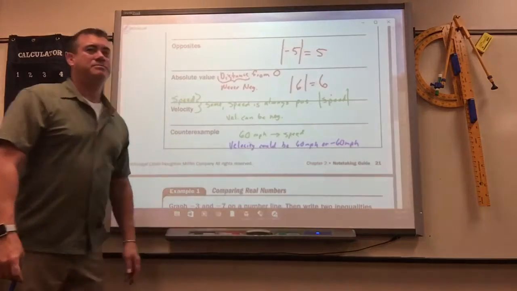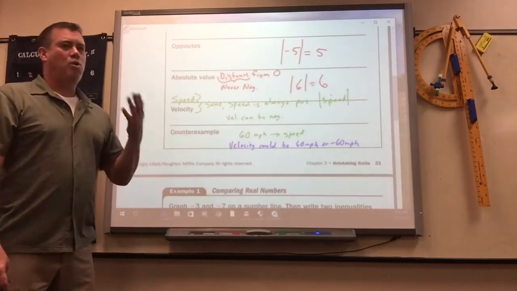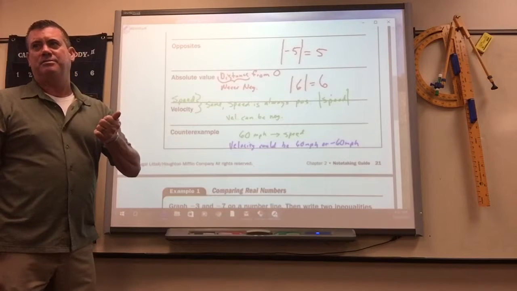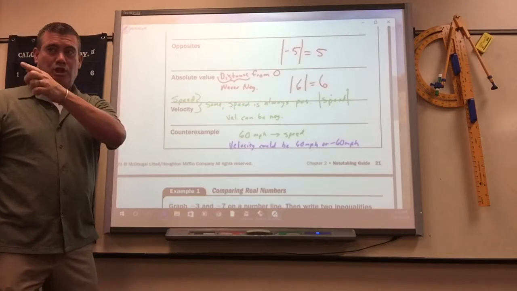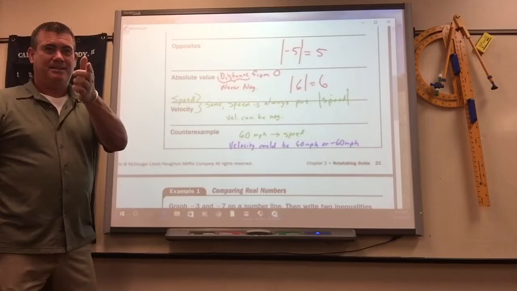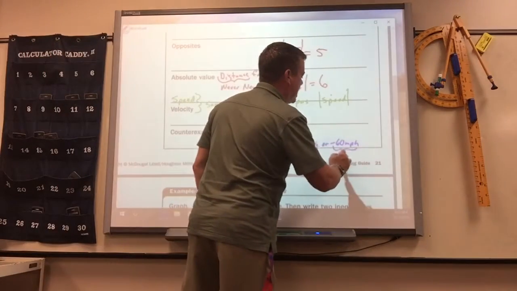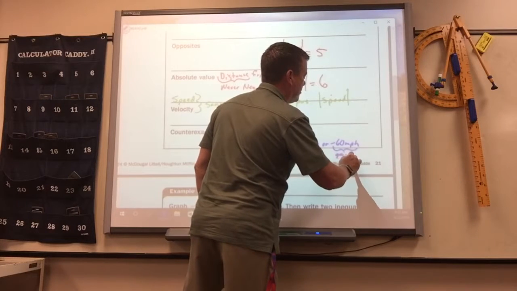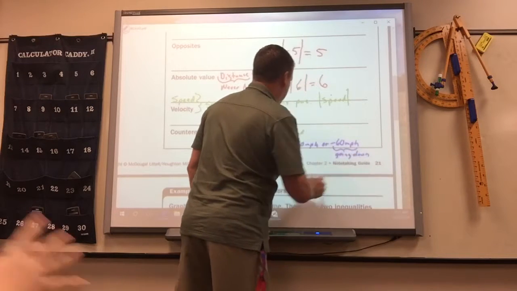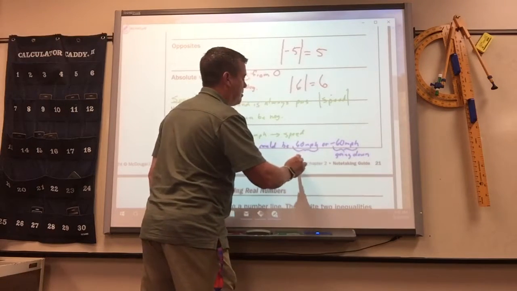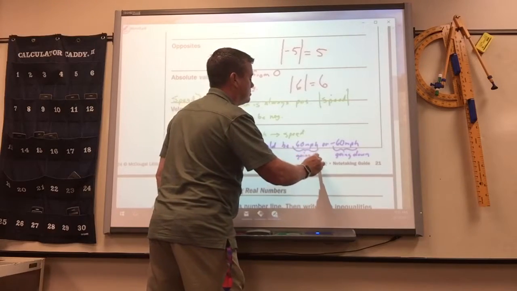Anyone know why it would be a negative? You're close. Falling? Going down, right? Negative is if it's going down, and positive if it's going up. Okay?